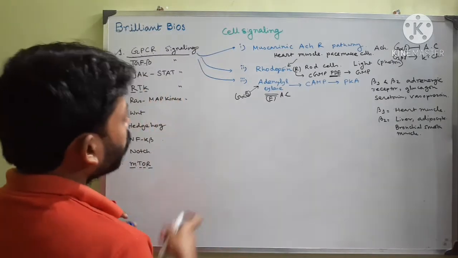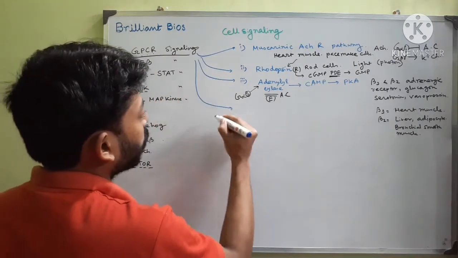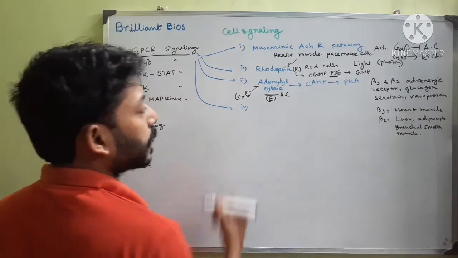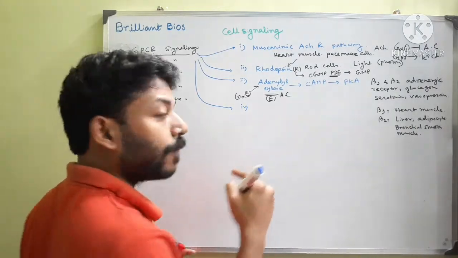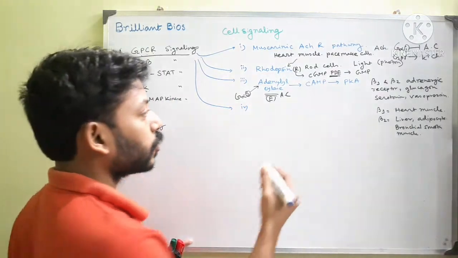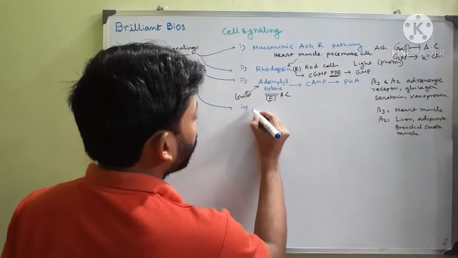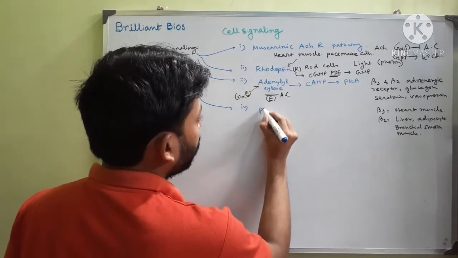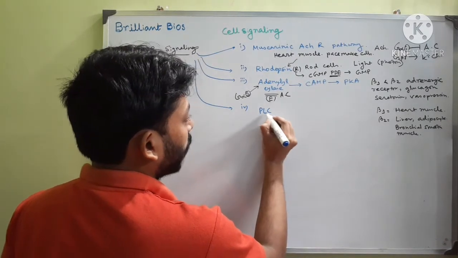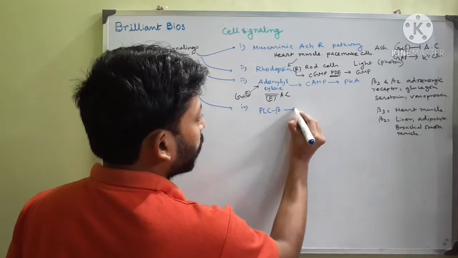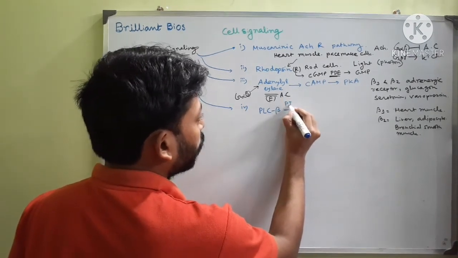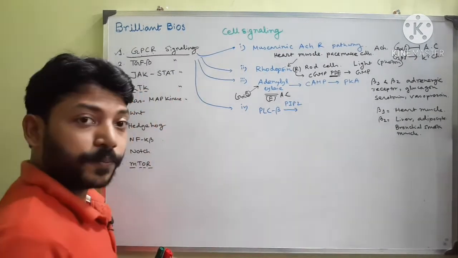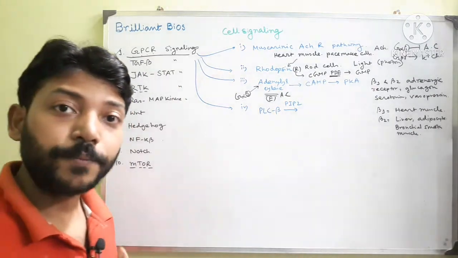The fourth pathway of G protein coupled receptor is like the alpha 1 adrenergic receptor. Here the effector protein is PLC, meaning phospholipase C beta, that actually cleaves a phospholipid called PIP2. PIP2 means phosphatidylinositol 4,5 bisphosphate.